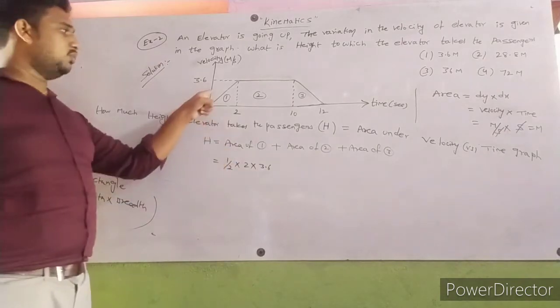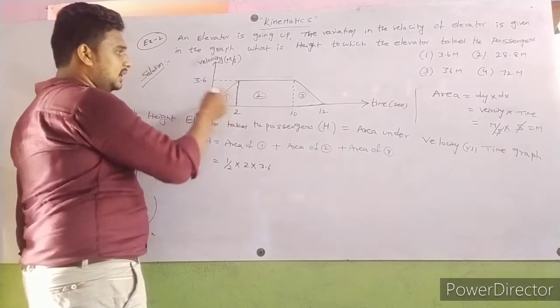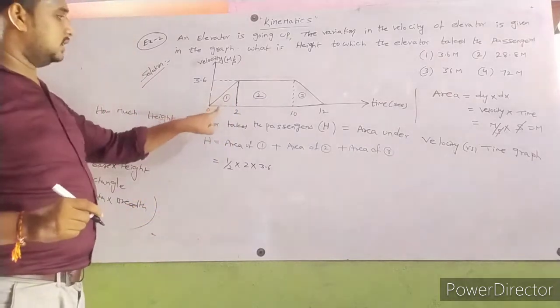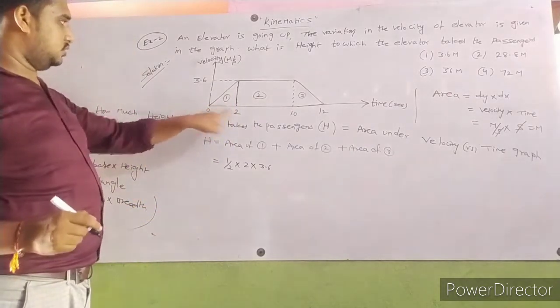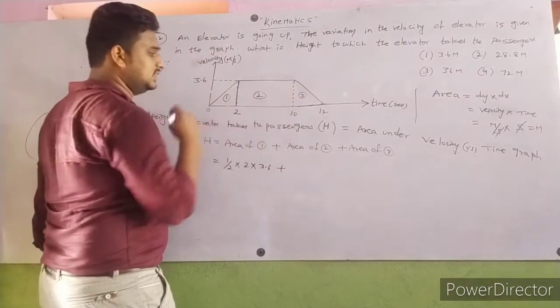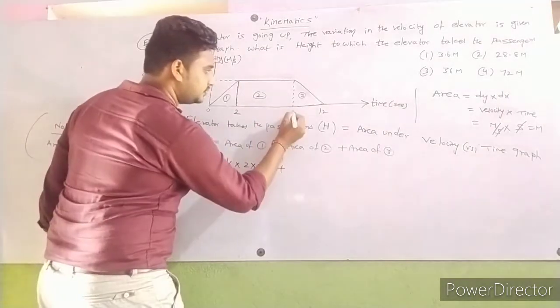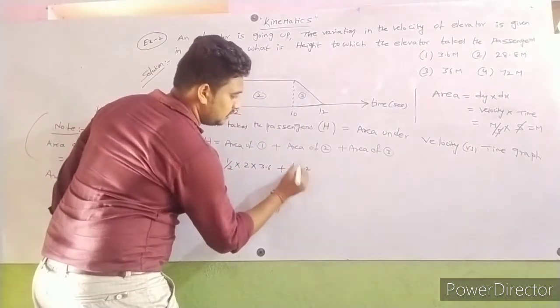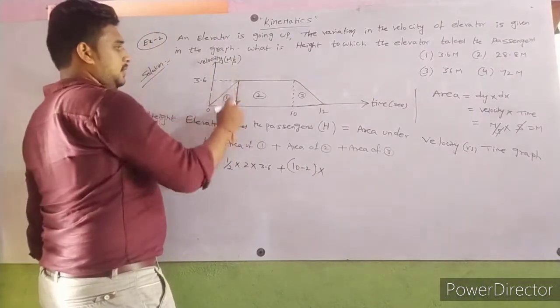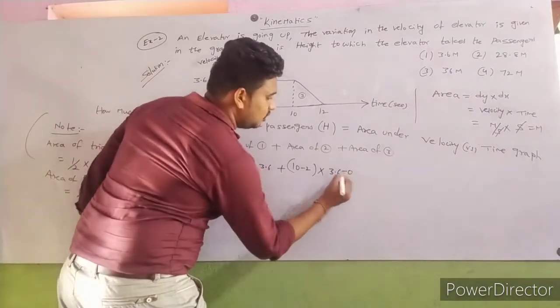Area of 1 means, is 1 a triangle or not? Observe carefully. This is 1. So the area of triangle 1 is half into base 2 into height 3.6. Plus area of 2. This is a rectangle. Rectangle means length into breadth. Length is 10 minus 2, breadth is 3.6 minus 0.